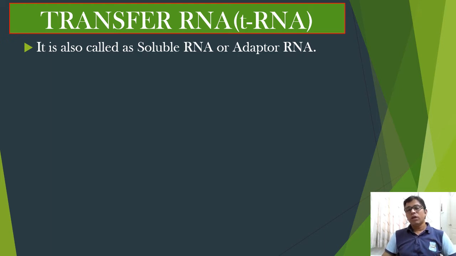It is also known as adapter RNA as it functions as an adapter in bringing the amino acids to the place of protein synthesis, that is ribosomes. Hence it is called adapter RNA.